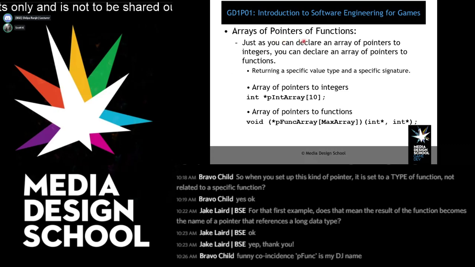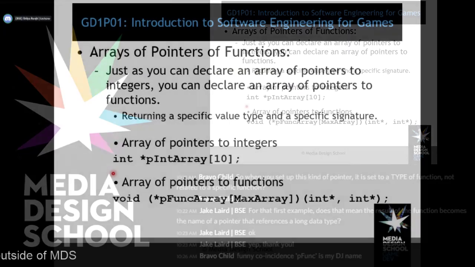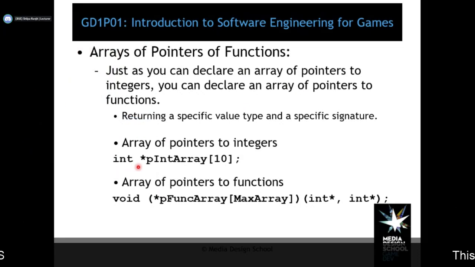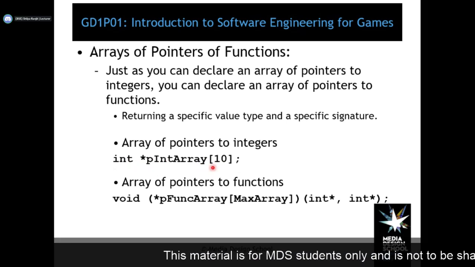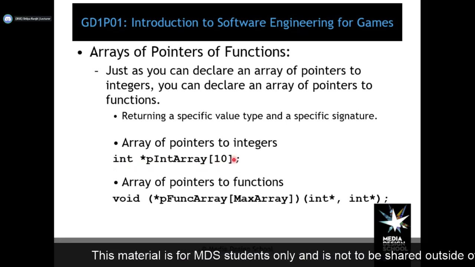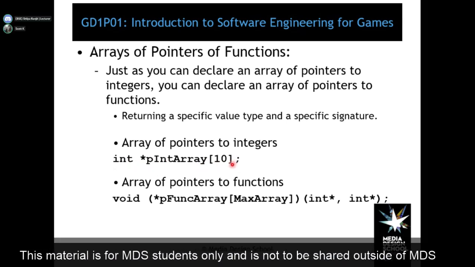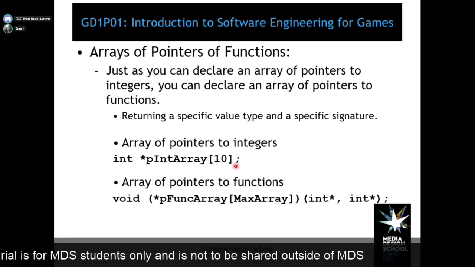Now you're also allowed to create arrays of pointers or arrays of function pointers. How would you create an array of pointers pointing to integers? Give the data type, the name of the variable, and the size in the dimension in your square brackets.